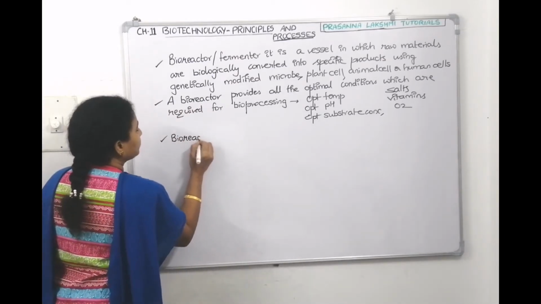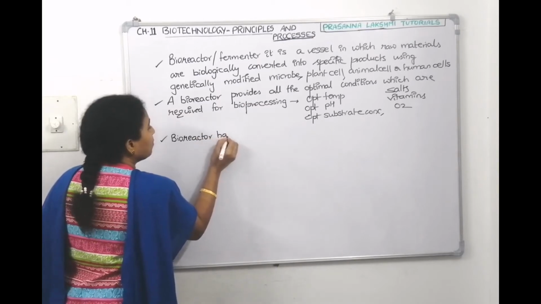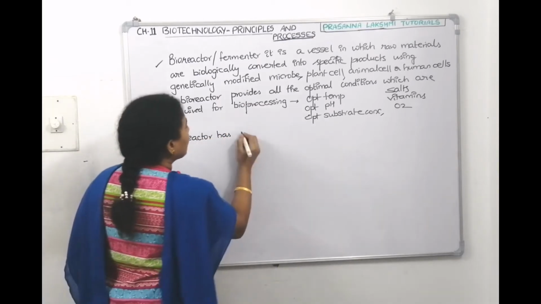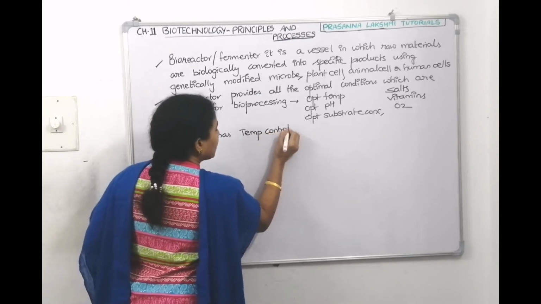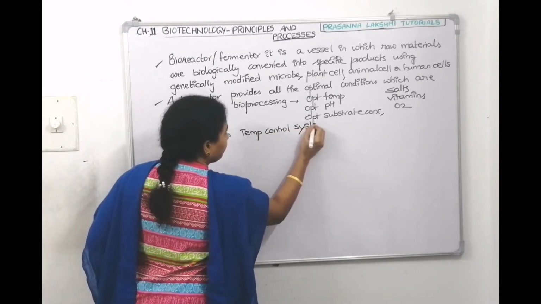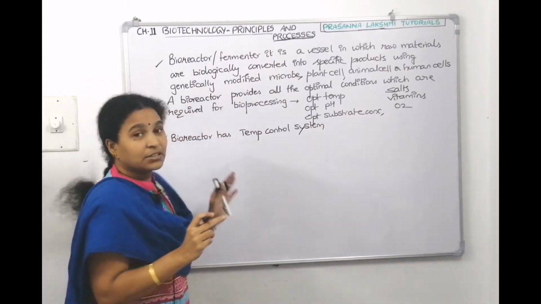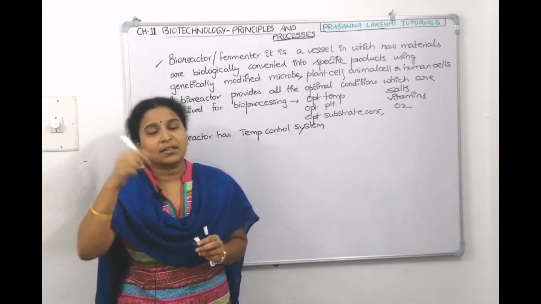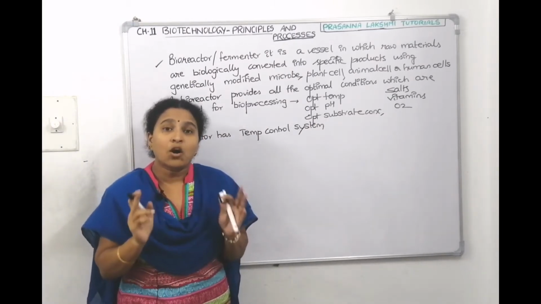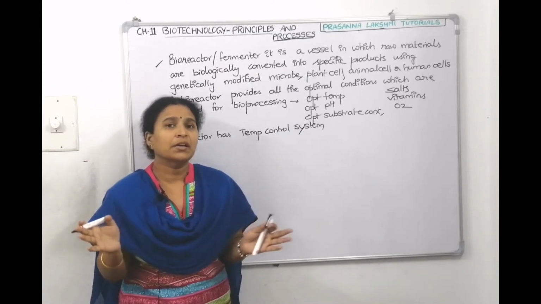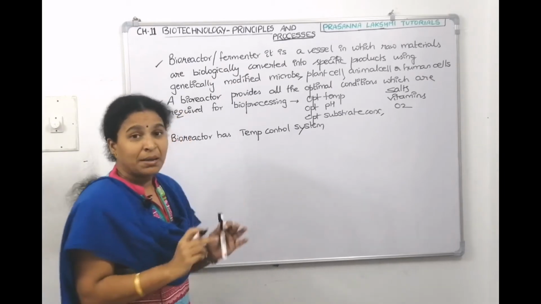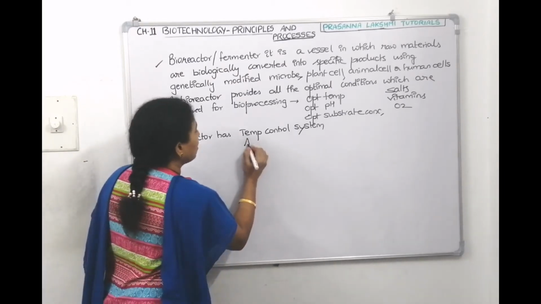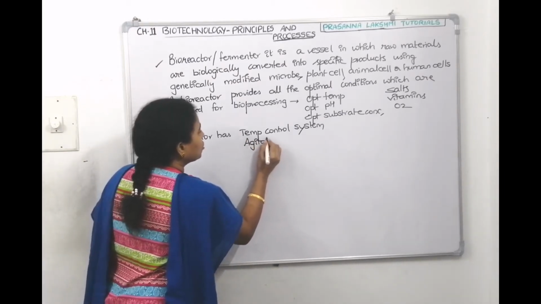Bioreactor. What does it have? Bioreactor has, we can tell, temperature control system. To check the temperature, we have a thermostat. Thermostat will detect the temperature. And how will you control? It is jacketed, either will circulate steam or will circulate cold water. It has an agitation system, impeller, motor and all. That's called agitation system.